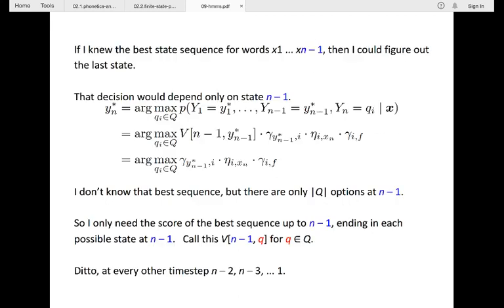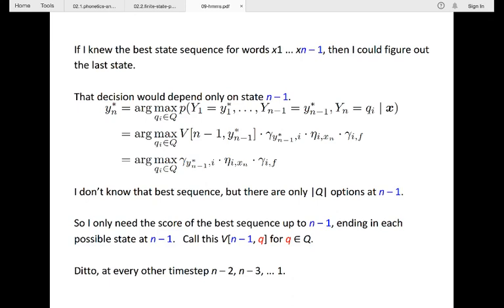If I knew the state sequence for words x1 to xn minus 1, then I could figure out the last state, right? That decision would just really depend on n minus 1. And that's what this fancy math here shows.